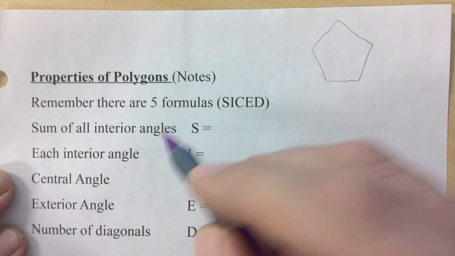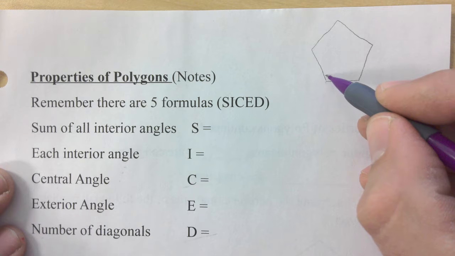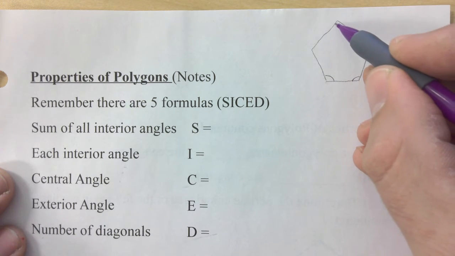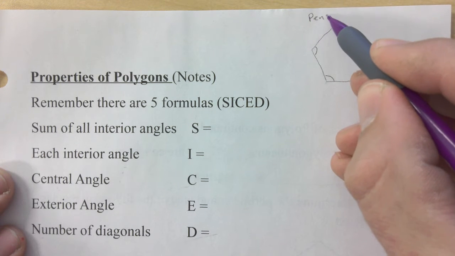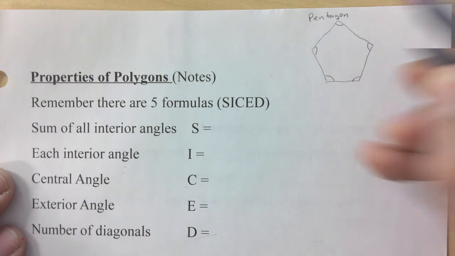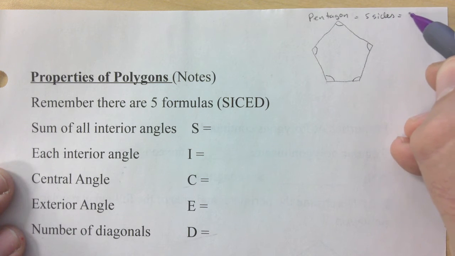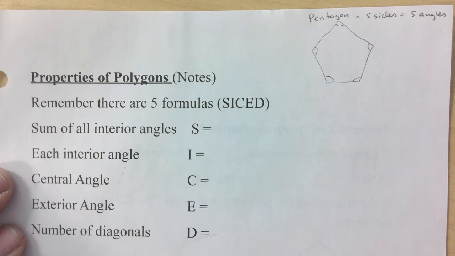Sum of all interior angles. A pentagon has 5 sides, and it also has 5 interior angles. So this is a pentagon. 5 sides, 5 angles. Interior angles, that is.